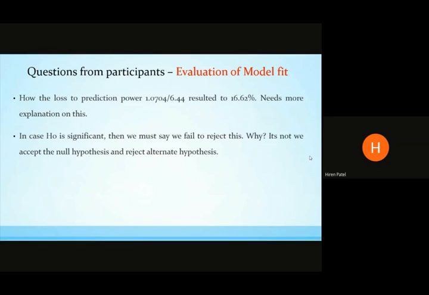I will be sharing that PPT with you, but if you remember, 1.0704 was the total of the square error, and 6.44 was the total error.